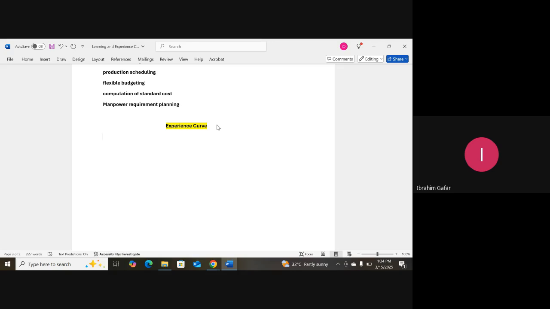So if wastage decreases, the material consumption will fall. That's number one. Number two is that the material purchase price will go down if there is a bigger discount. Number three is that the scrap rate will also decrease.